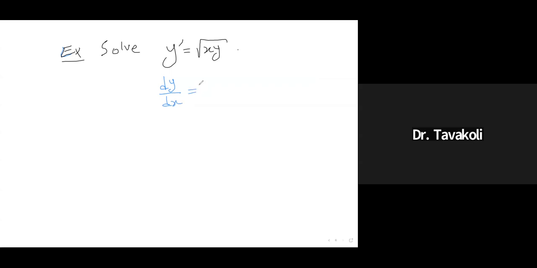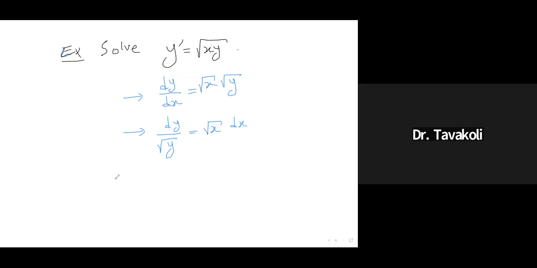As you know, radical xy is radical x times radical y. So if I multiply both sides by dx and at the same time divide both sides by radical y, what I will get is dy over radical y equals radical x dx.